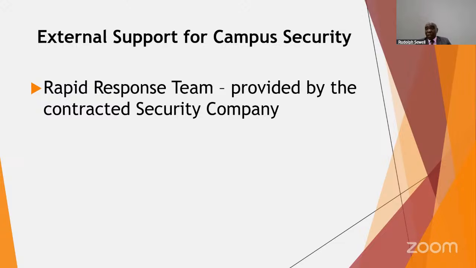The company we engage, and whichever company we engage in the future, has what is called a rapid response team, deployed and patrolling in such a way that they can respond to an incident on the campus in a few minutes.